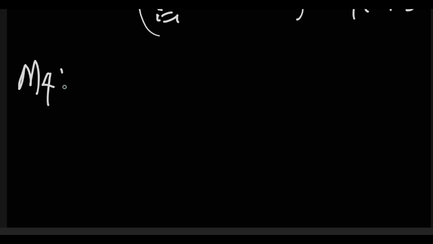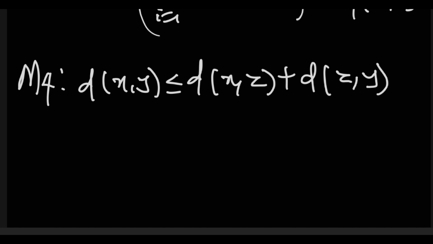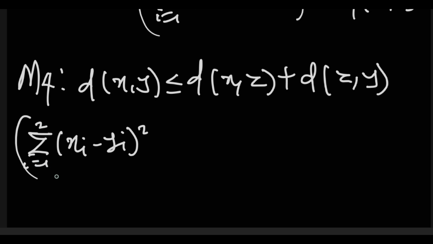So now the fourth condition, that is the triangle inequality. d(x,y) is less than or equal to the distance of this plus the distance of this. Once again, what is our d(x,y)? Which is the sum of (xi minus yi) squared, i equals 1 to 2, to the power 1 over 2.